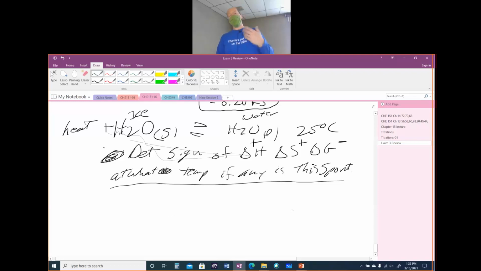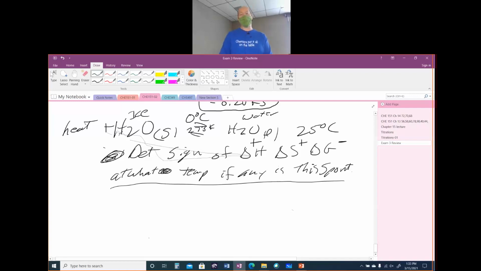All right, now you know this reaction, you know this phase change, you know that water will freeze and ice will melt at 0 degrees Celsius. That is the freezing point, or 273 Kelvin. So what do you know?